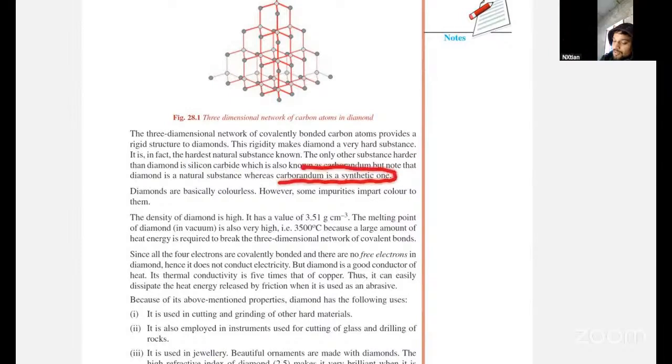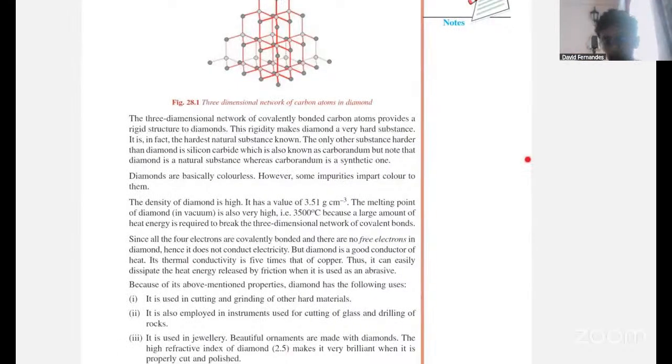So carborundum is the synthetic one, and the diamond is a naturally occurring one. Got it?